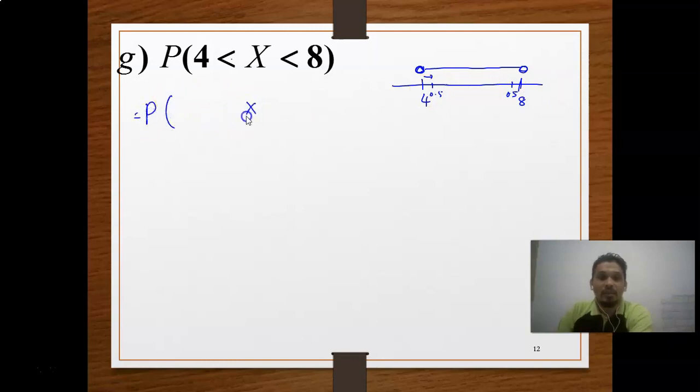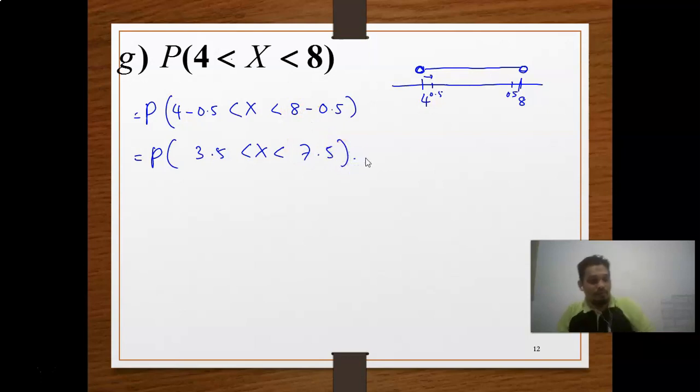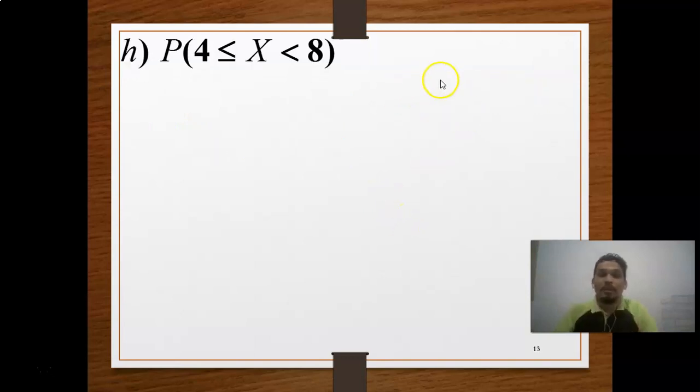So now it becomes 4 plus 0.5 and 8 minus 0.5. 4 plus 0.5 is 4.5, 8 minus 0.5 is 7.5. Okay.